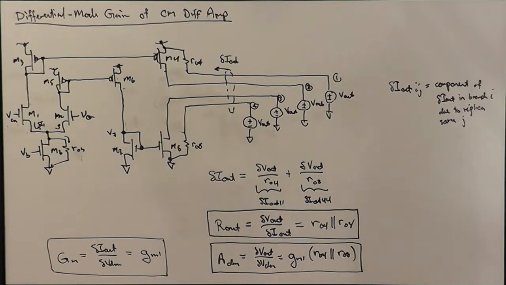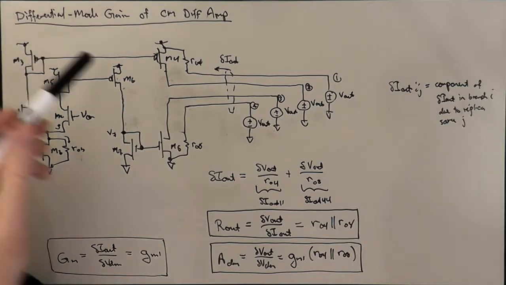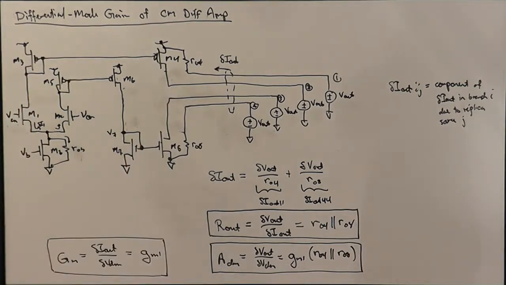Same could be said for having an early effect resistor here in parallel with our current mirror. That extra resistor in parallel with the current mirror we can think of as stealing a small fraction of the current from the input of the current mirror, and so that would result in a slightly less amount of current being mirrored by the current mirror.